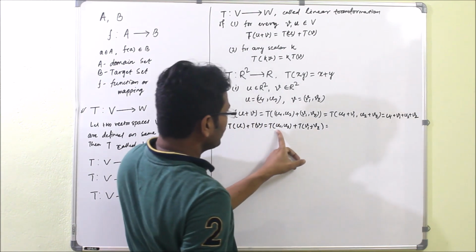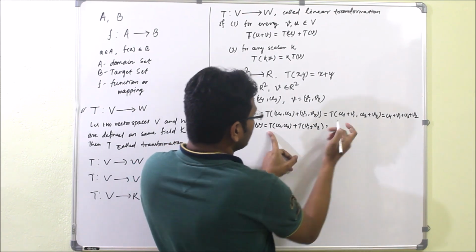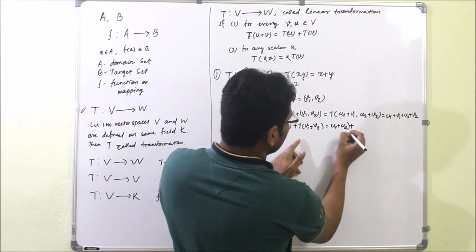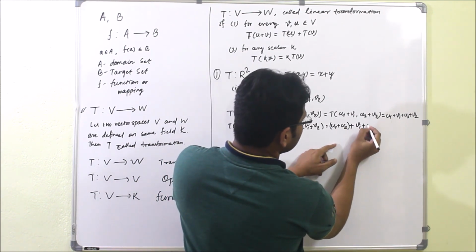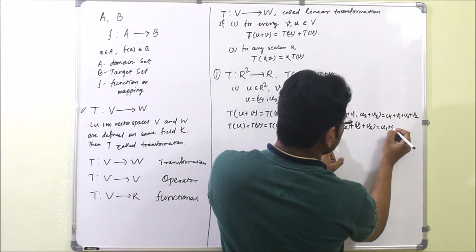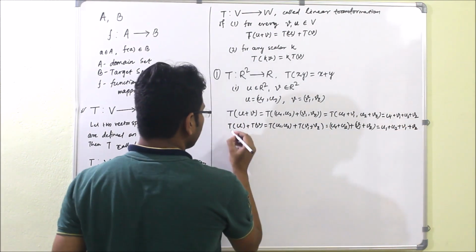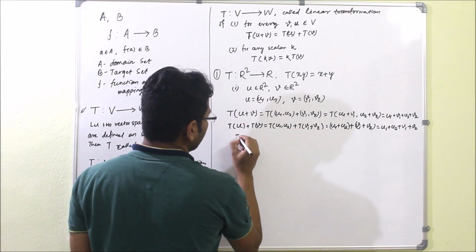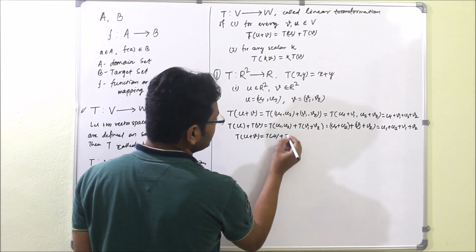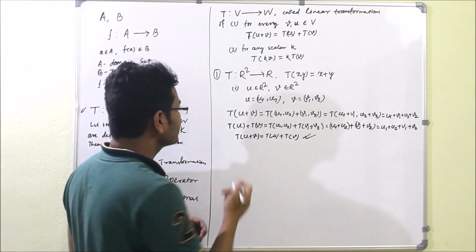Now the transformation of this is u1 plus u2 plus v1 plus v2. So we get the same thing here: u1 plus u2 plus v1 plus v2. Both values are the same, which means the first property is satisfied. That means T of u plus v equals T of u plus T of v.